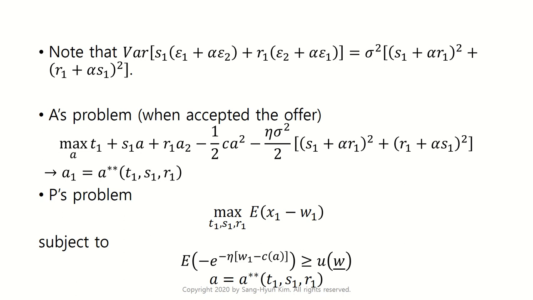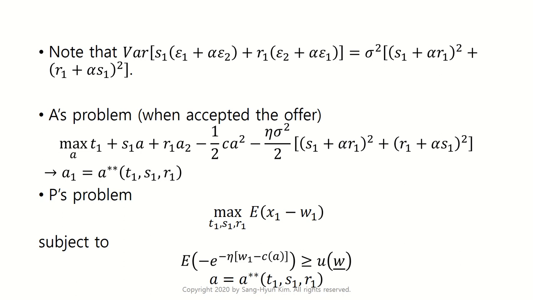We have two agents. So ideally, if you just play it very straightforwardly, you are supposed to write the expected profit from agent 1 plus the expected profit from agent 2.